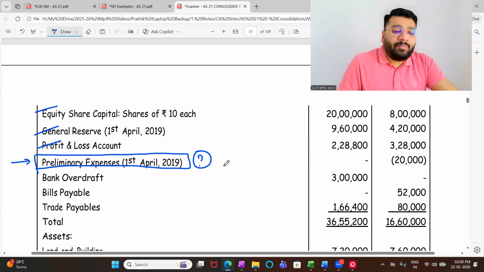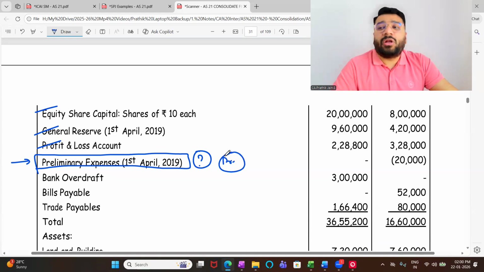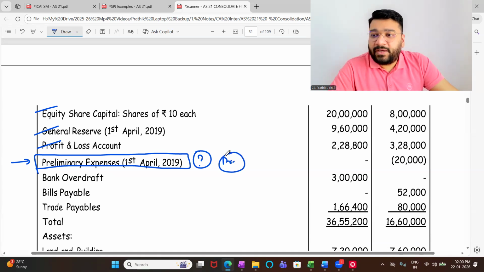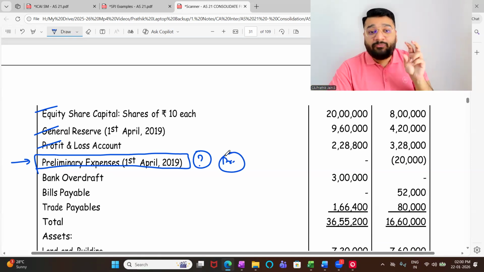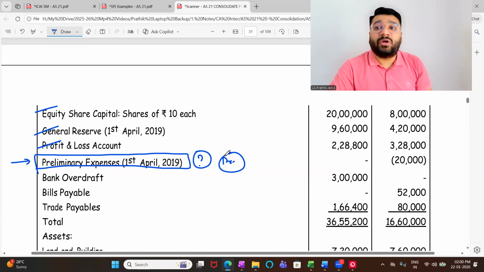Normally these appear in the debit column of the trial balance. We write off, but not in one shot, we write off over a period of time. The portion which is not written off would go to the asset side, but Schedule 3 says I will not allow this on the asset side because this is not a real asset, it is a fictitious asset. Hence, we take it to the liability side and minus it from reserve and surplus.